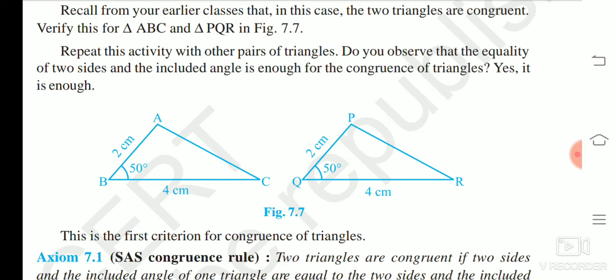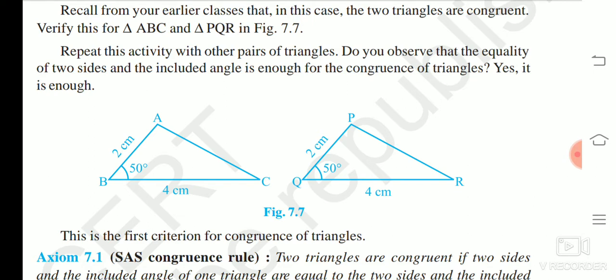The data are 2 centimeter side, 4 centimeter side, and in between one angle 50 degree. Similarly at PQR the same thing. So now we can write using these three data, that is two sides and in between one angle, we can draw two same size triangles.